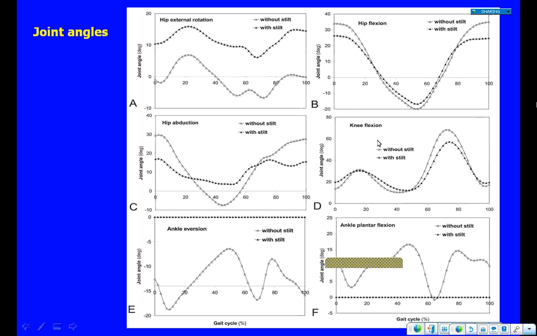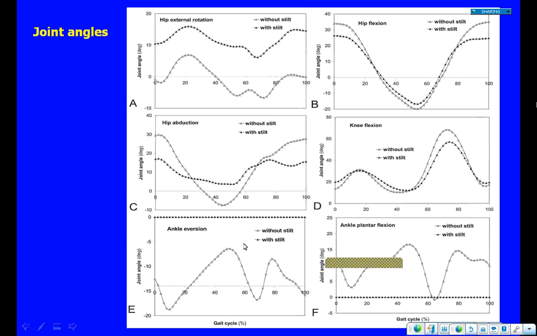Also, for the knee joint flexion, you can see that without stilts, the knee has a larger angle compared to with stilts. Because the leg is extended, the stride distance with stilts is actually larger because the height increased, so the knee doesn't need to move so much to achieve this.